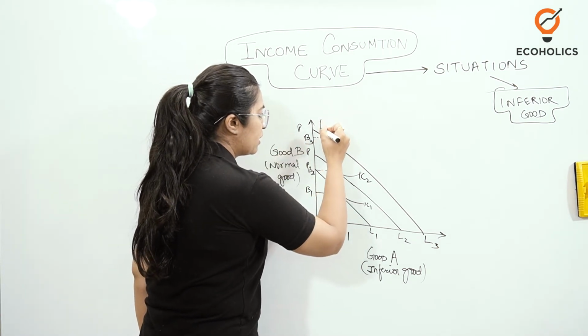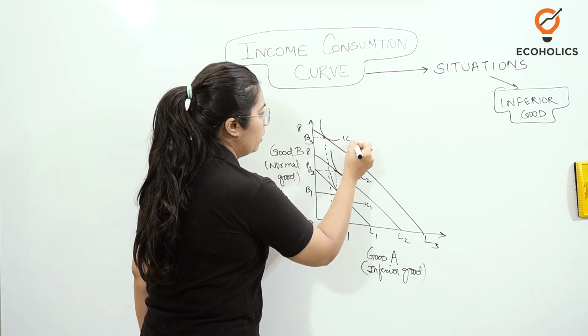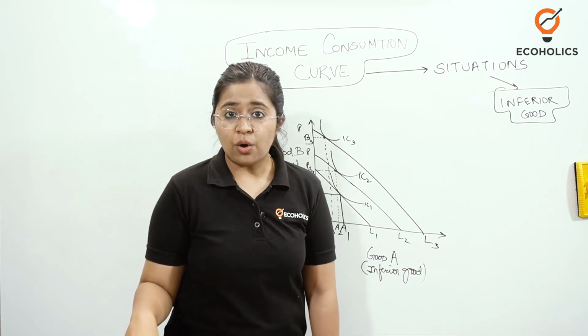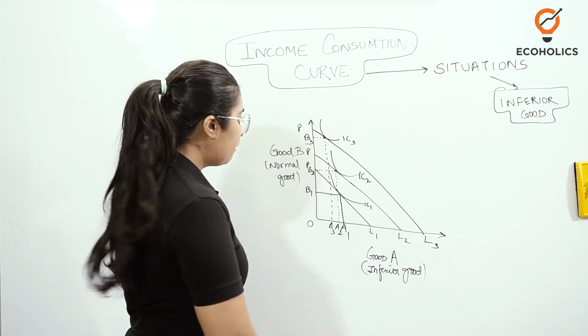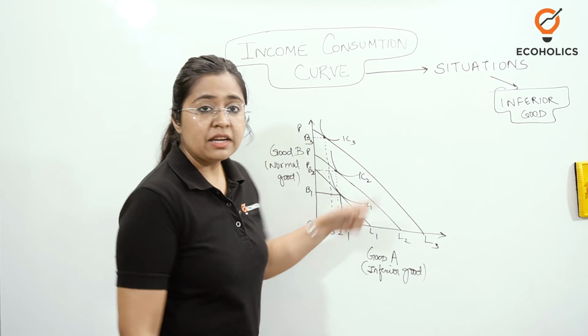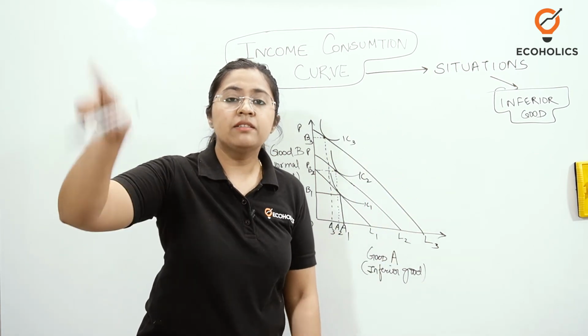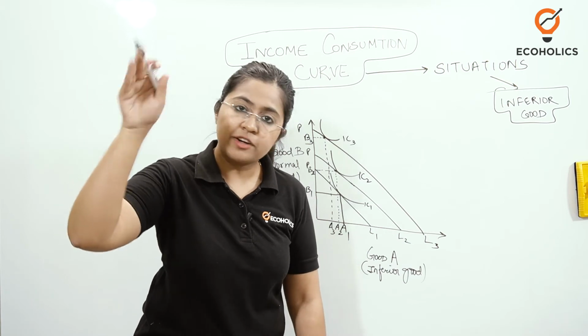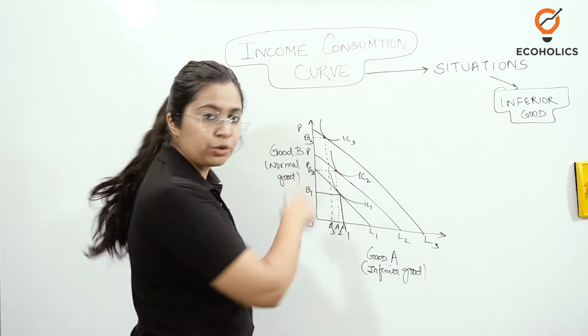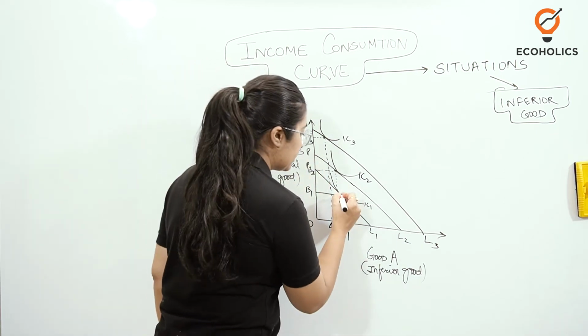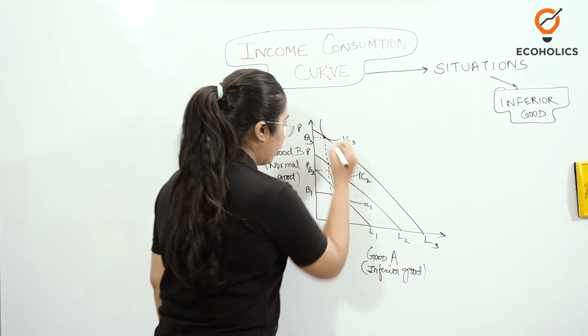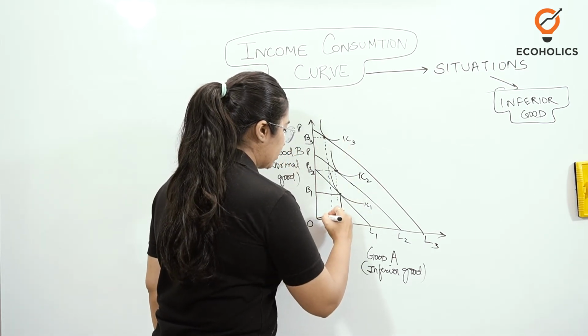And your indifference curve is going to be somewhere over here, and so on and so forth. Now if I, like in the previous income consumption curve, I joined the locuses of all the points of equilibrium. So same way I'm going to do it over here as well. Okay, if these are the points of equilibrium, I'm going to adjoin it from the line 0.